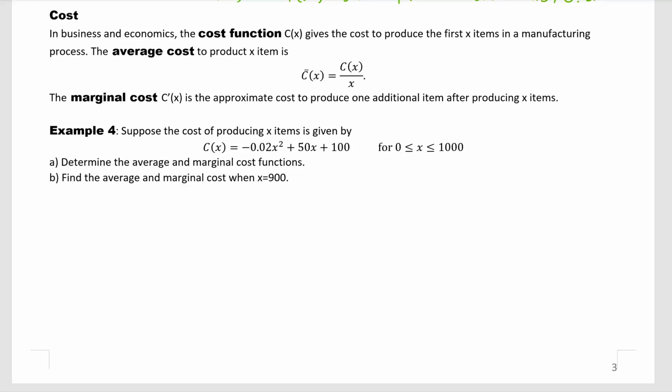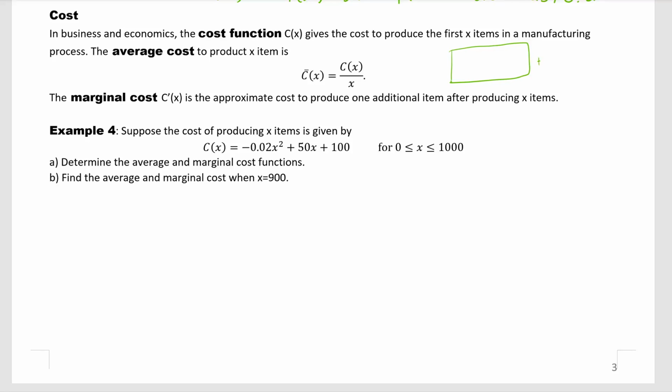What's the difference between average cost and marginal cost? Let's say we are a factory, right? We make burgers, okay? Well then, before you make the burgers, you need to rent a factory, right? You need to pay the salaries of the people and maybe electricity, gas and water, okay?